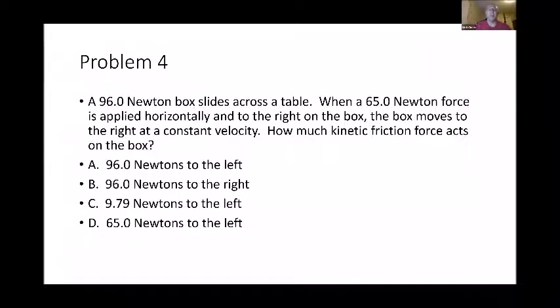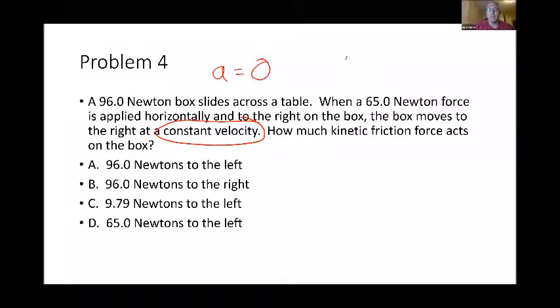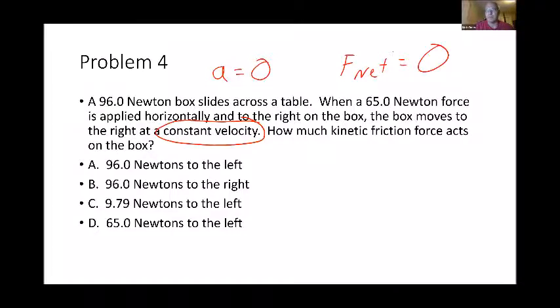All right, the key words in this problem, those 2 words: this box is moving at a constant velocity. Because it's moving at a constant velocity, that means the acceleration is 0, which also means the net force acting on this object is 0.